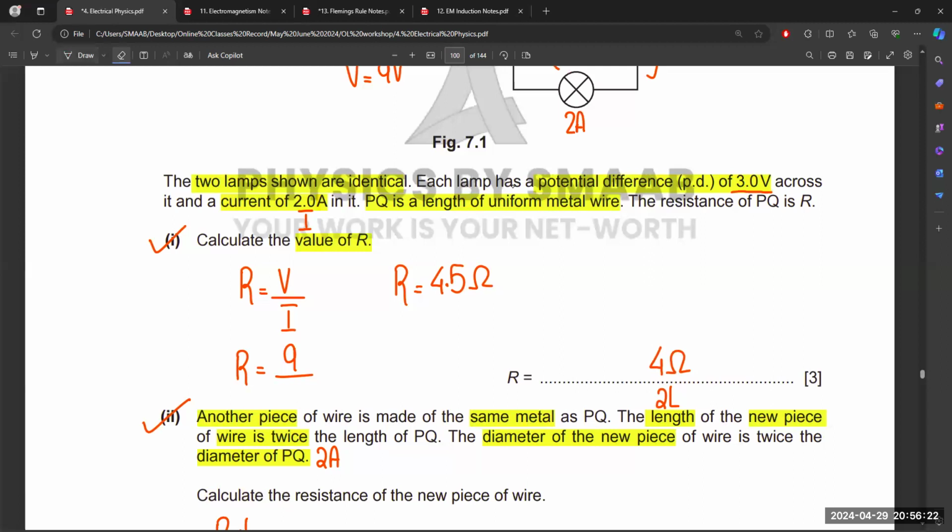This is not 2, this is 4. And it will be equal to 0.25, 2.2 ohms. Now this is the correct value.